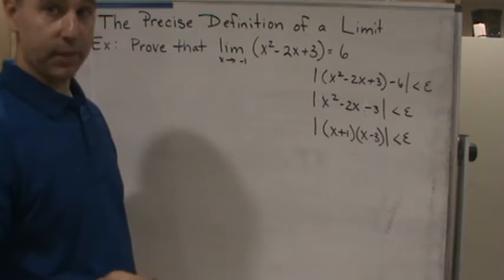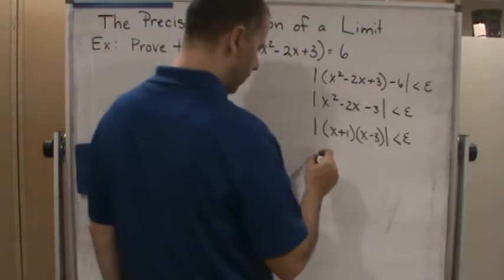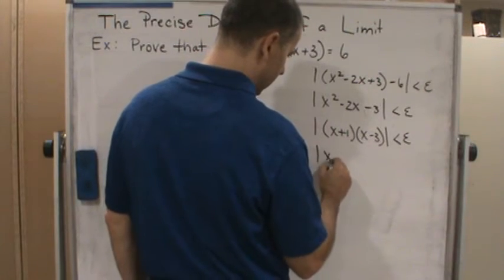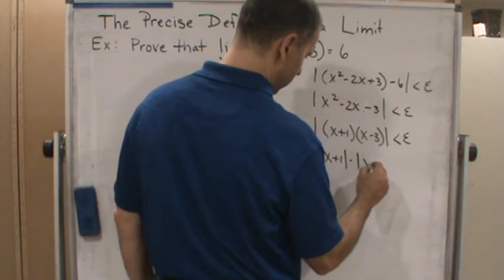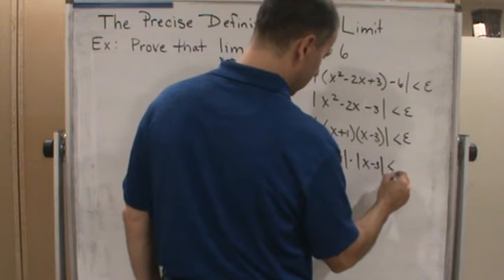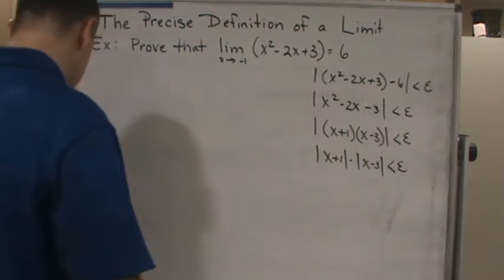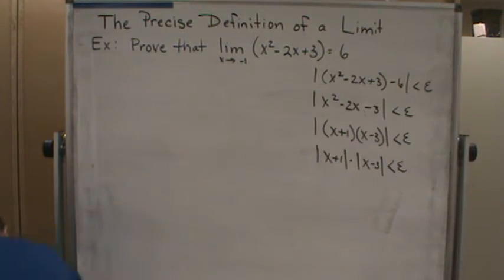And then now I can split this up using properties of absolute value. I know that the absolute value of x plus 1 times the absolute value of x minus 3 is going to be less than epsilon.